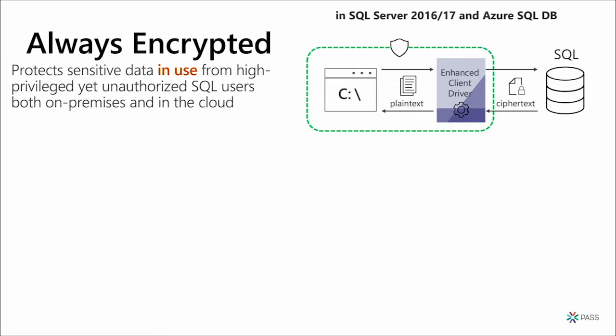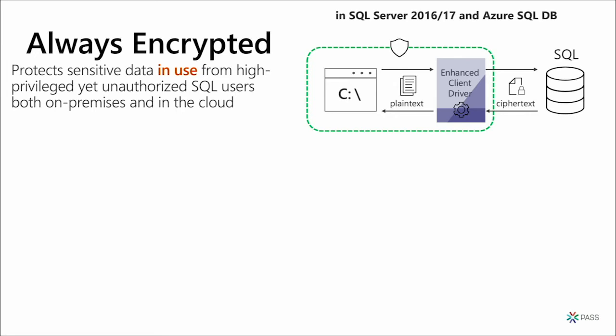So the encrypted data will be sent to SQL Server. There it will be stored. When the client needs the data, selects data from a table in SQL Server, SQL Server will send the encrypted data, but it gets decrypted in the client driver and then shown as clear text to the end user on this machine.